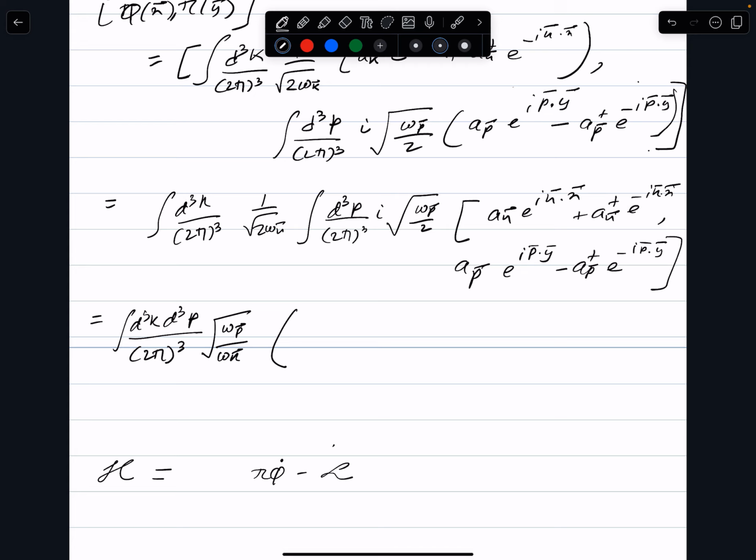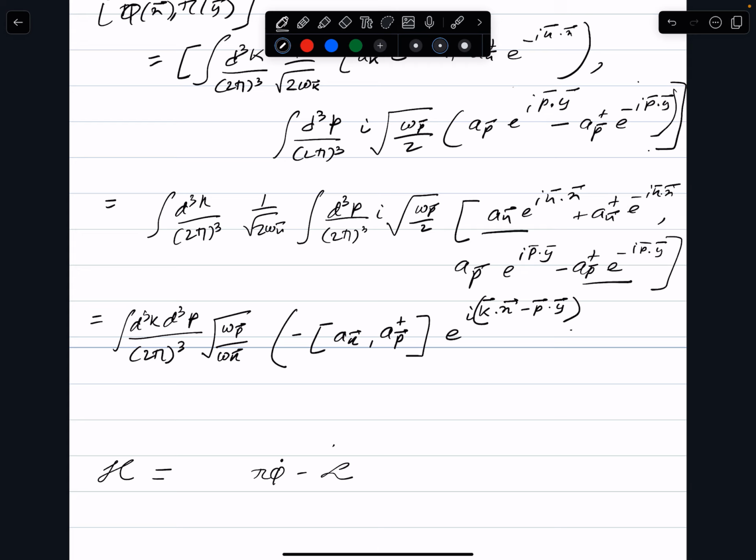So I have minus, the minus coming from here, a_k and a_p dagger, multiplied by e to the power i k dot x minus i p dot y. So this term is coming from these two terms.